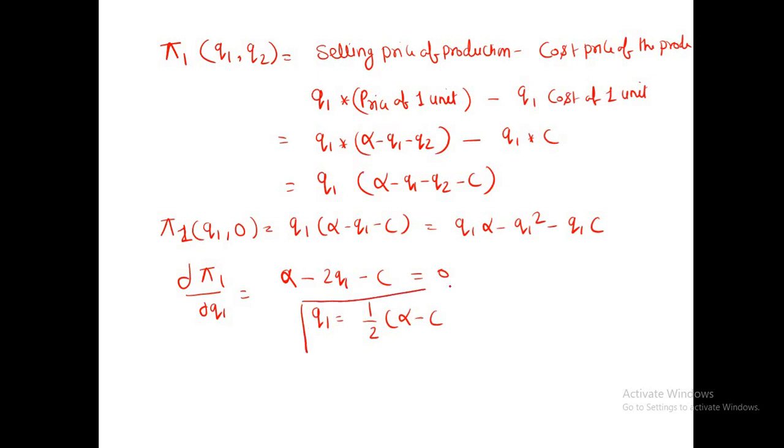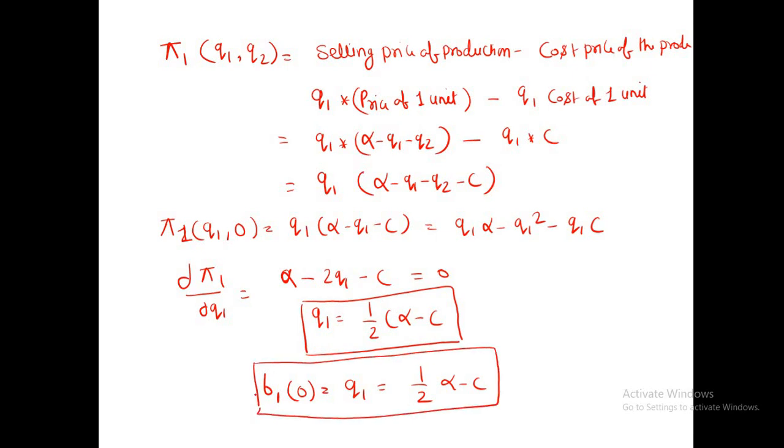So this is the production for player 1 in his first chance when player 2 is producing 0. This is the best action for player 1 when the other firm is producing 0, and it is equal to Q1, which is half of alpha minus C.